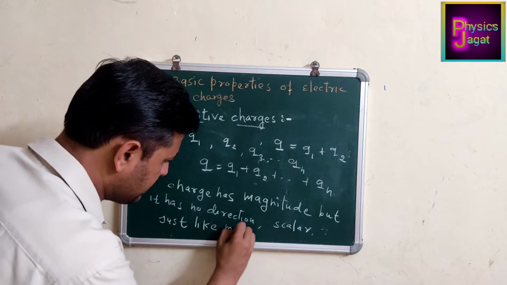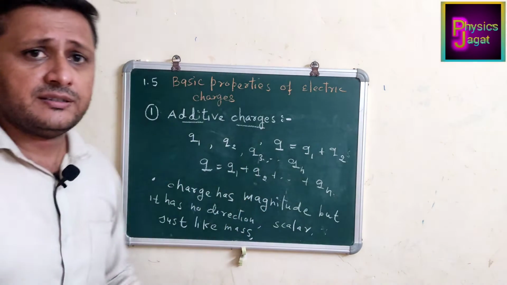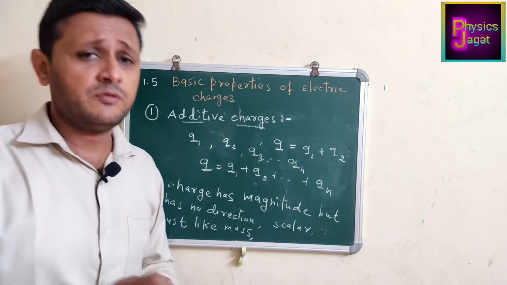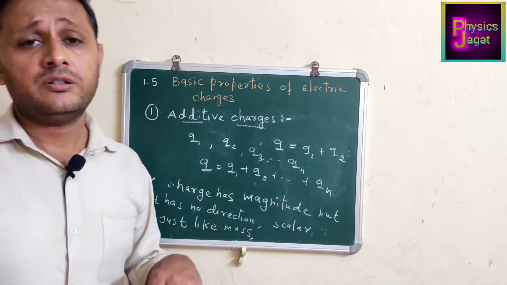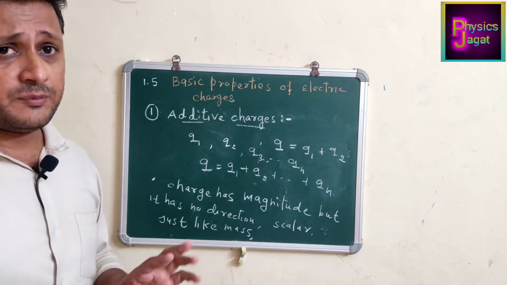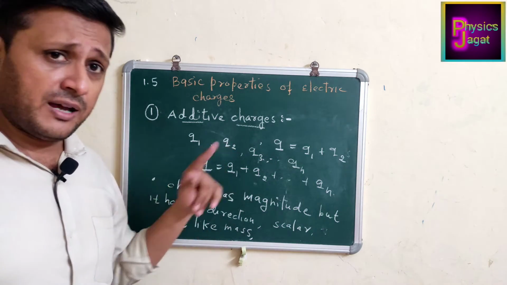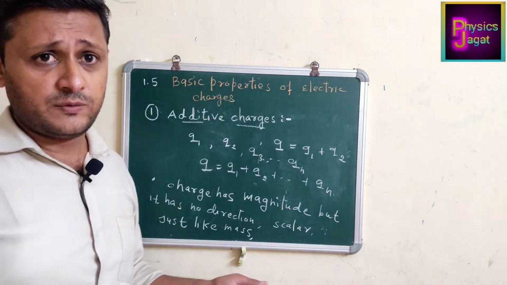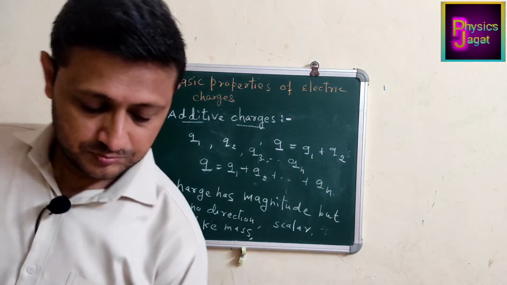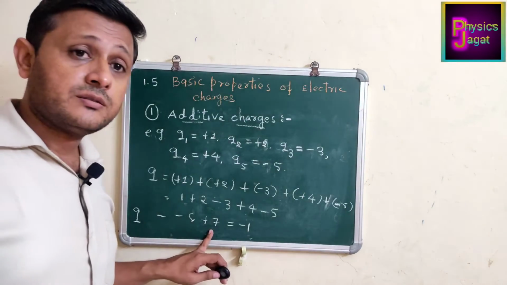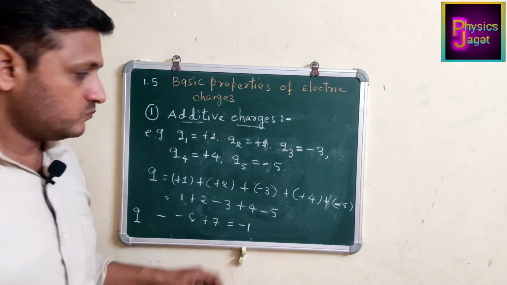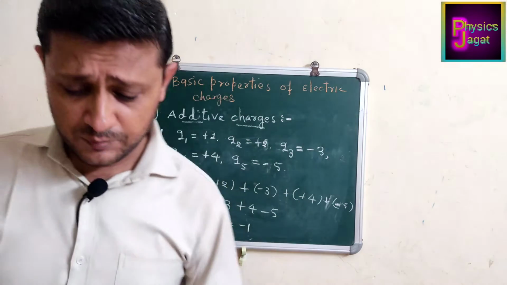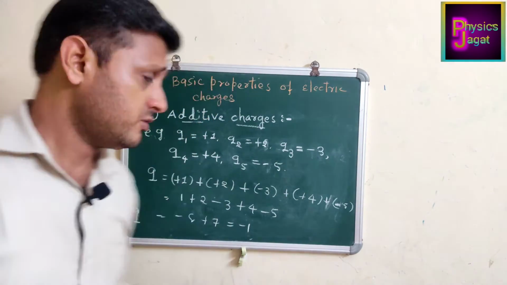But there is a basic difference between mass and charge: mass is always positive, and we know that charge is either positive or negative. That is the basic difference between mass and charge. Mass is scalar and charge is also scalar. This way one can do addition of charges. So this is the first property, a very basic and very important property of charge.